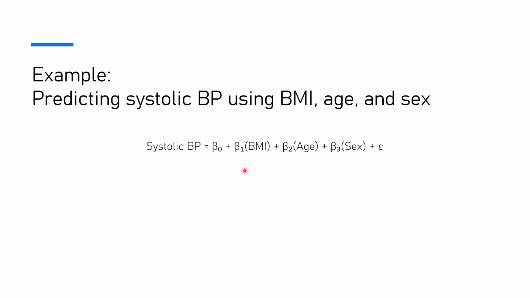Next is the slope for BMI. With each unit increase in BMI, how much is the increase in systolic blood pressure? Age is mostly measured in years, so the slope will measure the increase in systolic blood pressure with each 1 year increase in age.